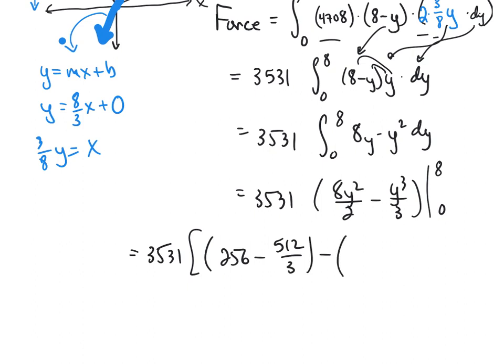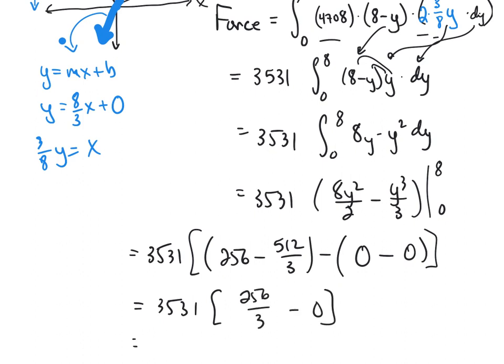And now subtract and put in 0. So 8 times 0 squared divided by 2, and 0 to the third divided by 3. Both of those would be zeros. So when I subtract 256 minus 512 thirds, I get 256 thirds. Oh yeah, that makes sense.